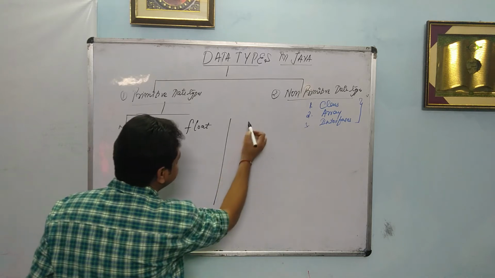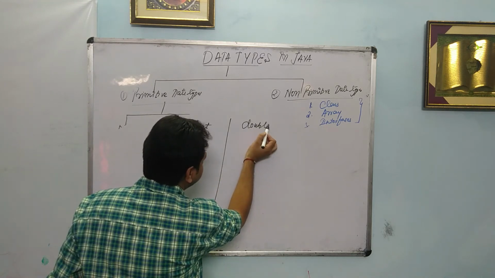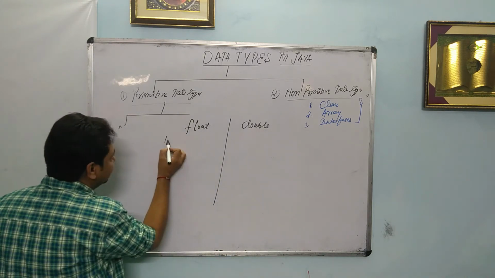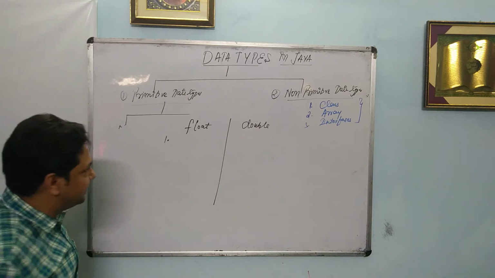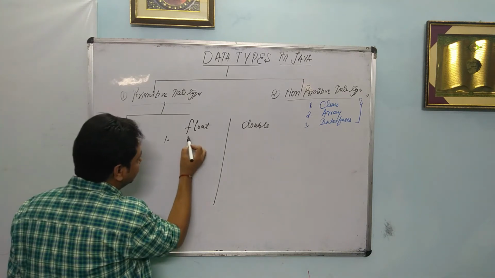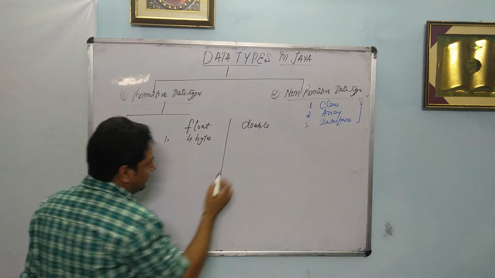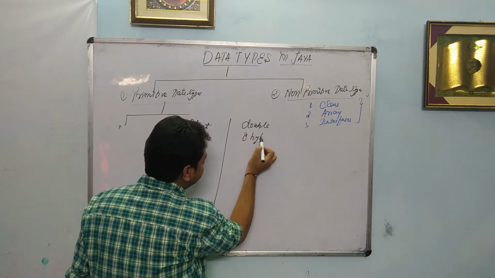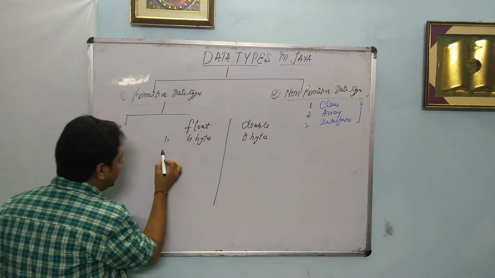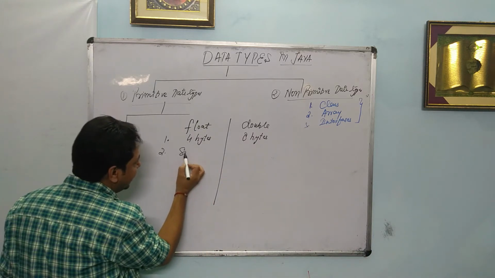The first difference is storage capacity. Float occupies 4 bytes, double occupies 8 bytes.